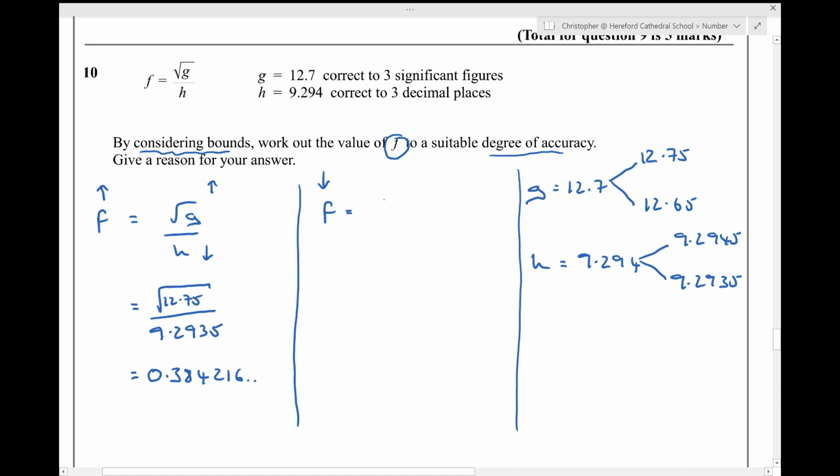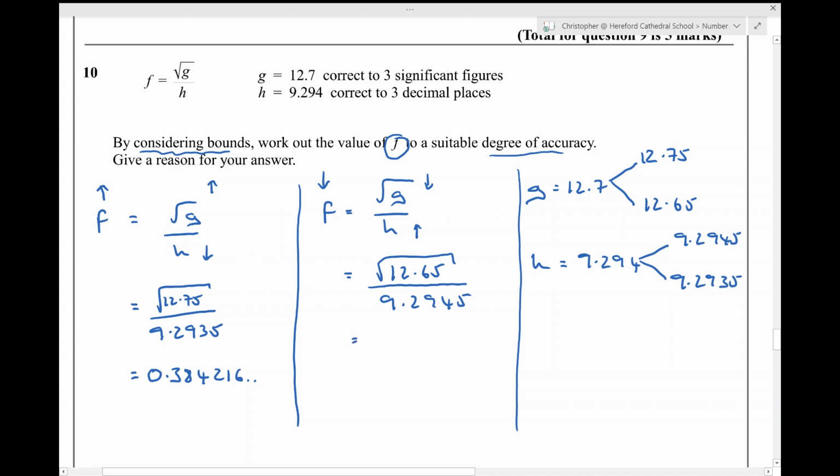Now let's work out the lower bound for f. Let's do that over here. Obviously it's still going to be the square root of g over h, but I'm going to use the lowest possible value of g and the highest possible value of h, because that's how I'll get the lowest possible value of f. Lowest possible value of g is 12.65, so I'm going to have the square root of 12.65 over the highest possible h, 9.2945.